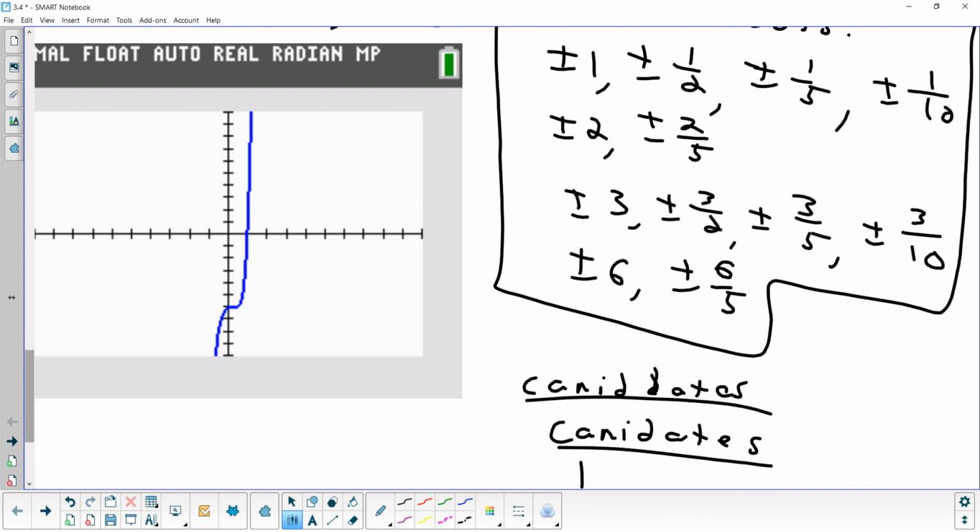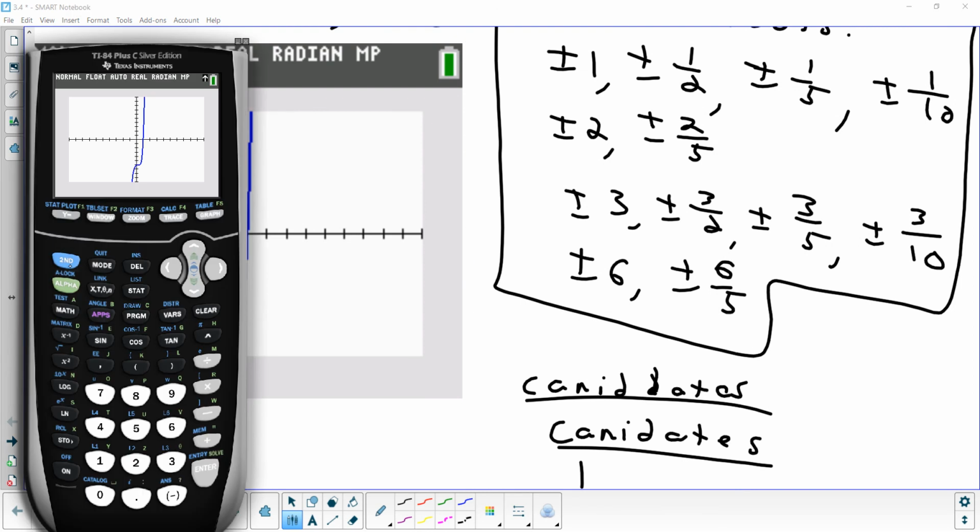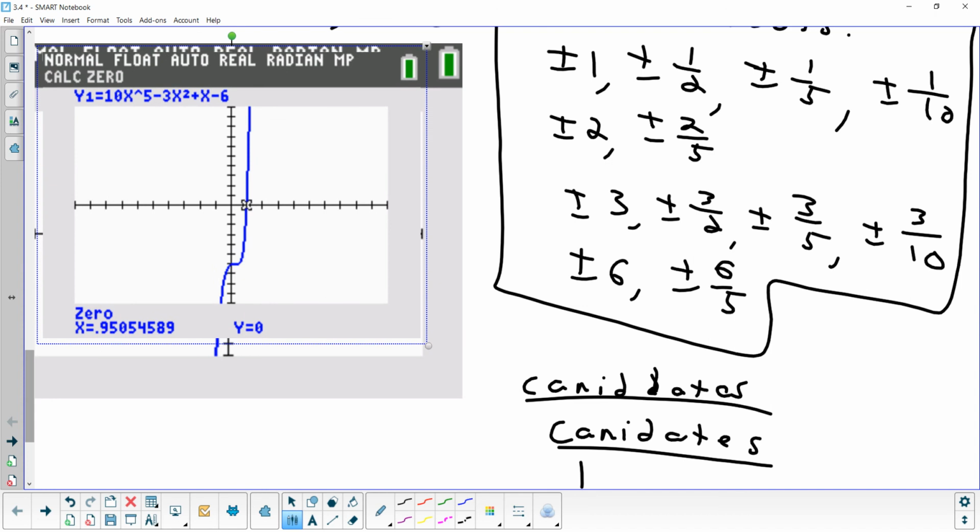Now, let's check what it actually is. Second calc, zero. Let's pick a point to the left, pick a point to the right, and do our guess. So, does it cross at 1?